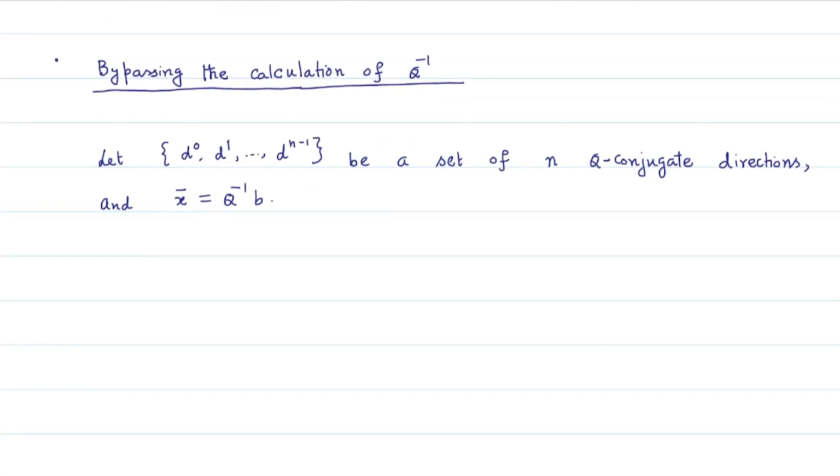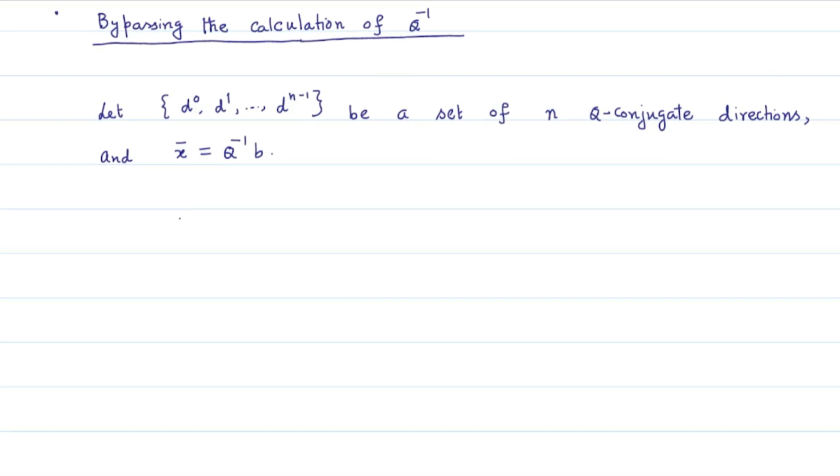Let us suppose to express the vector x bar in terms of linear combination of the vectors d naught, d1 till dn minus 1, we have say x bar is equal to alpha naught d naught plus alpha 1 d1 till alpha n minus 1 dn minus 1 for some scalars or real numbers.